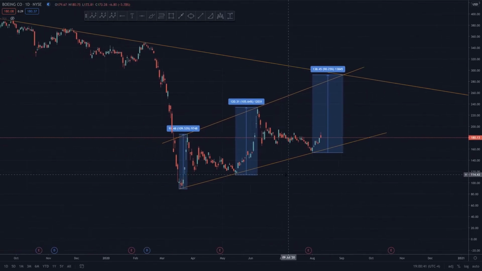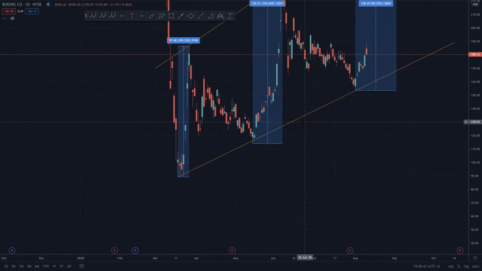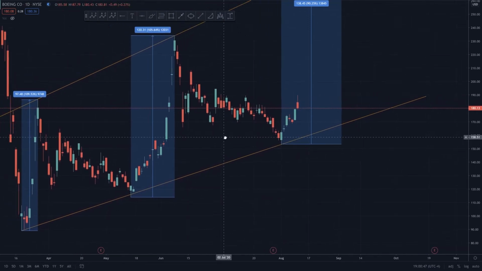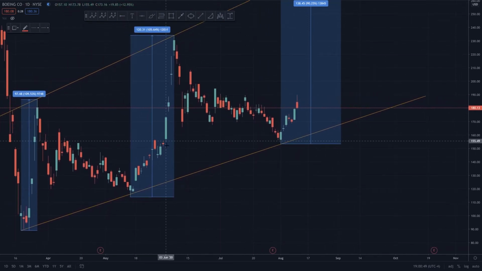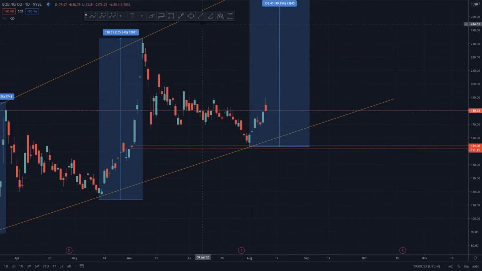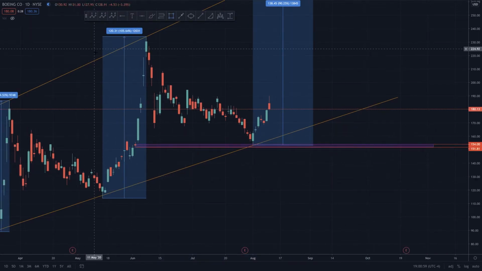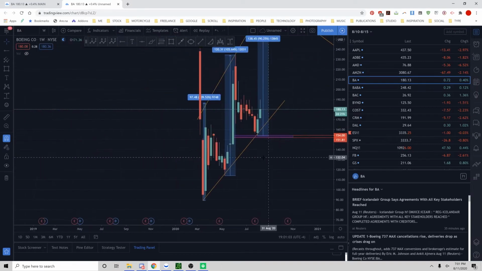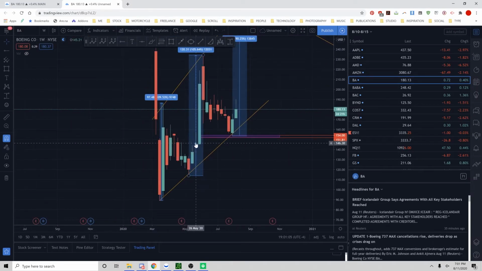But what I was really concerned with, sorry for the sirens in the back, Brooklyn is loud, was this level right here. And that is our daily demand zone. I was really looking at this weekly demand zone, this one right here.